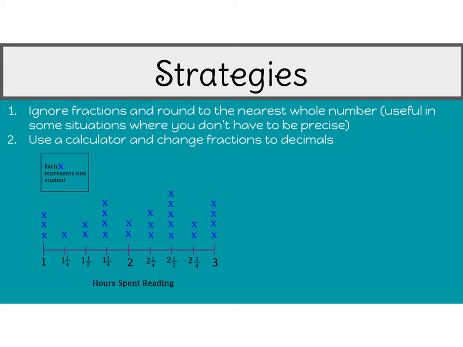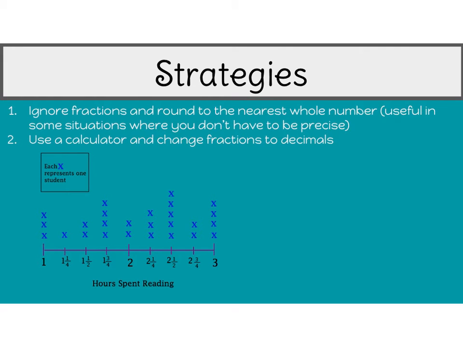So let's take a look at this line plot that I have placed here for you today. You'll notice that my data points have fractions and mixed numbers here, and we were talking about strategies earlier and how sometimes we need to ignore the fractions and round to the nearest whole number.